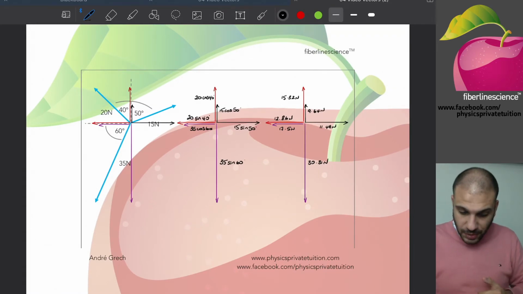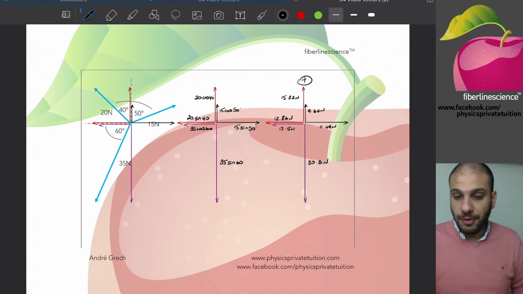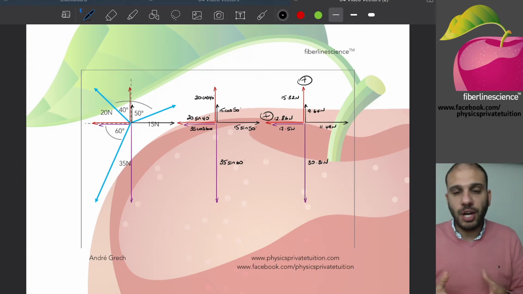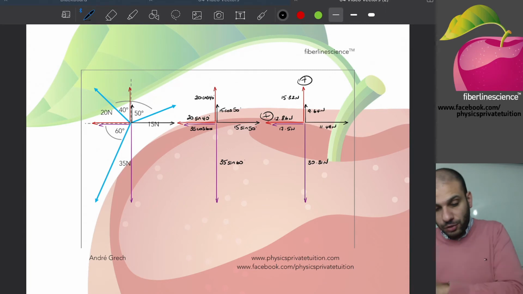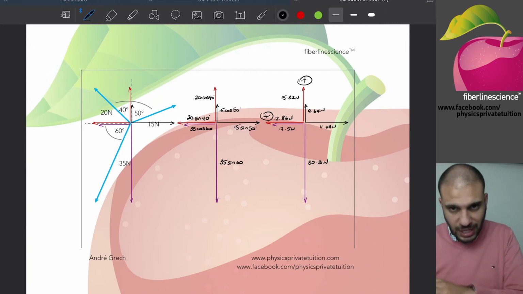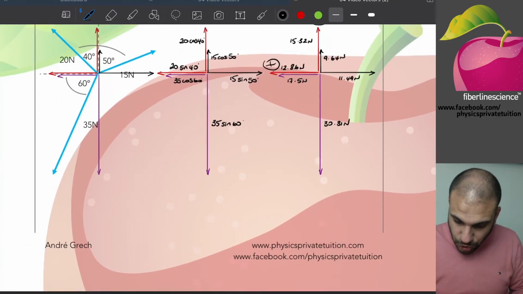Okay? Now, what we need to do is add whichever forces are in the same direction, and subtract those forces that are opposite: those upwards minus those downwards, and those to the left minus those to the right. So I'm going to do just that.